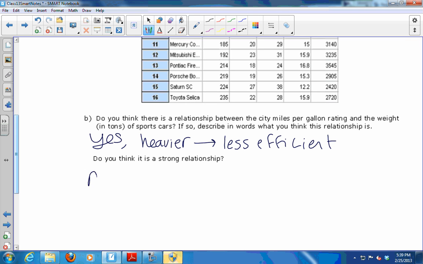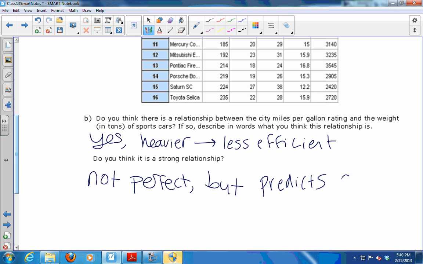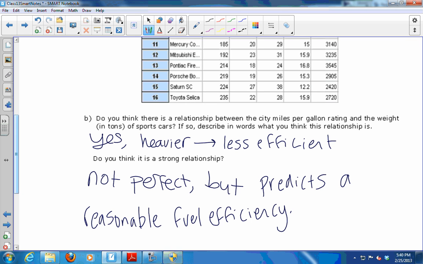So not perfect, but predicts a reasonable fuel efficiency. If you know weight, you can't exactly predict the fuel efficiency, but we could come up with some reasonable guess that would not be too far off.